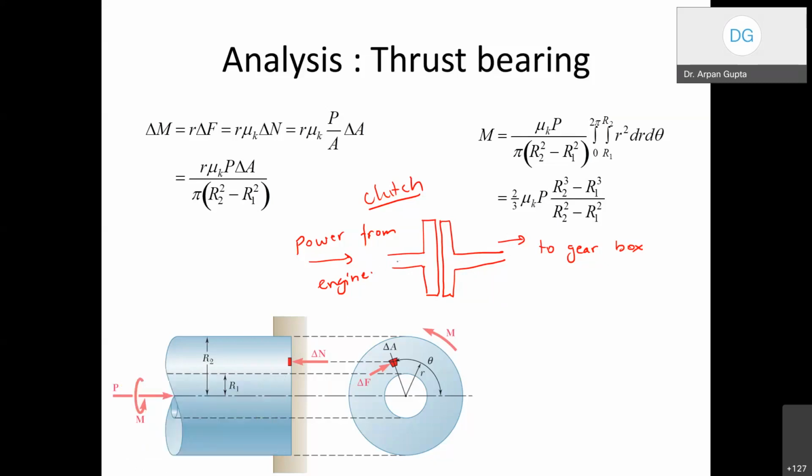Generally, in normal operation, these two are jointly pressed together. They are joined together, so there is friction. In normal operation, they just stick together, and they stick together because of friction.